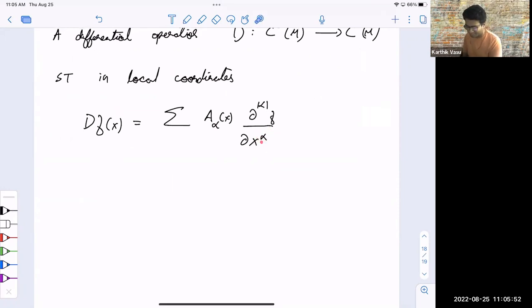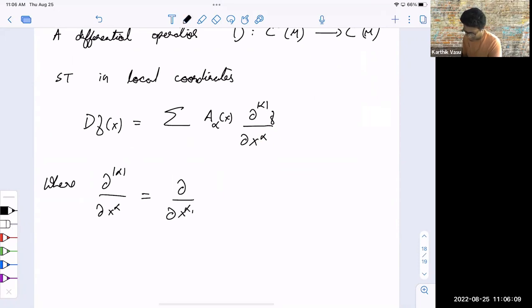So alpha will be alpha 1, alpha 2, up to alpha n, and d alpha dx to the alpha is nothing but the derivative with respect to x_1 alpha 1 times, and so on. These alphas will just be natural numbers or even 0, and you're just differentiating that many times.